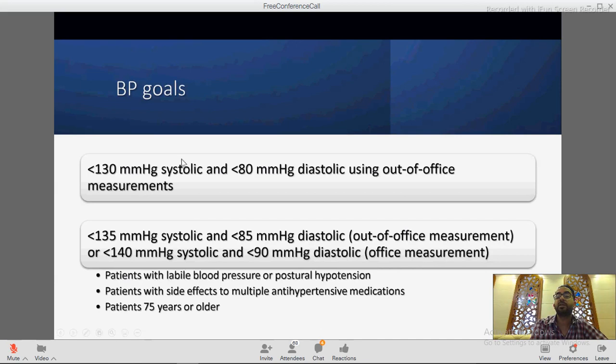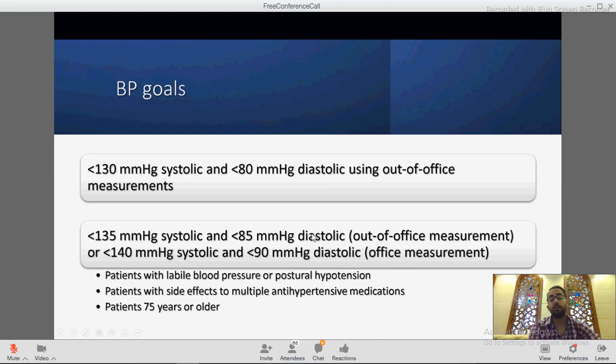This is using the out-of-office measurement, the reading that the patient measures and gives to you. This is an out-of-office measurement. And the other goal is 135 systolic or 85 diastolic in the out-of-office setting, or less than 140 systolic or less than 90 diastolic office measurement.